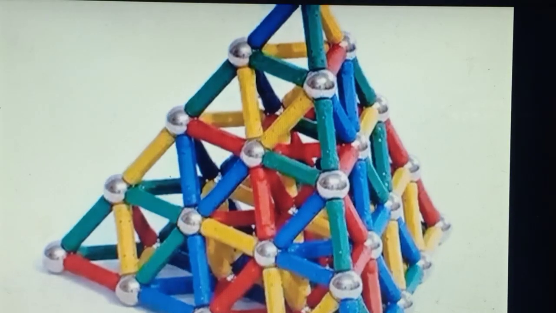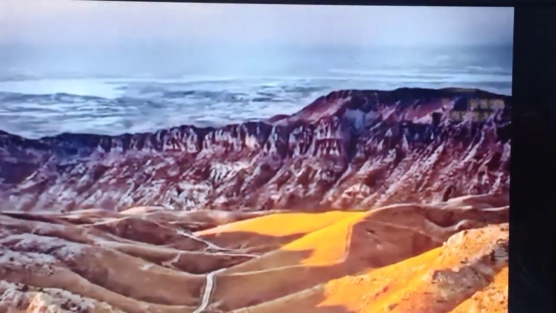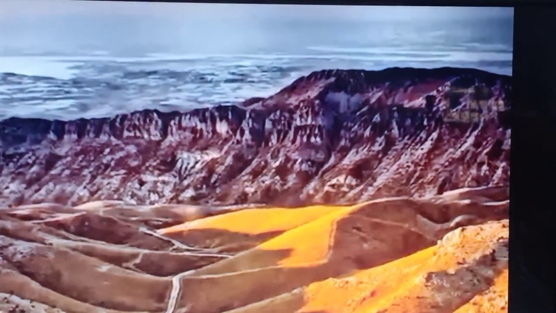So today we are learning a wonderful lesson about magnets. Magnets can stick to other things that are made out of metal. Like magnets can stick to a nail.